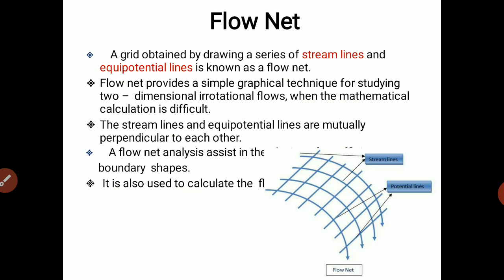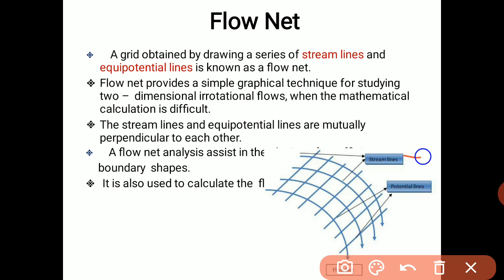So by using these streamlines and path lines, we can draw a flow net. What is the flow net? It is a grid obtained by drawing a series of streamlines and equipotential lines. These are the streamlines and these are the potential lines. By joining these two types of lines, we get the flow net.